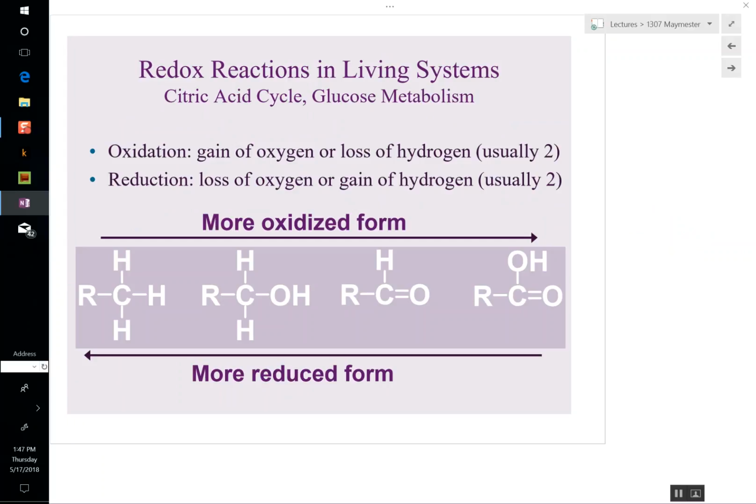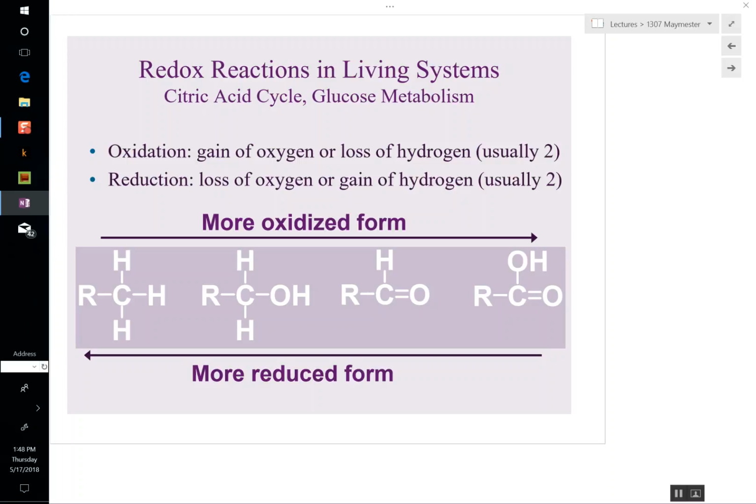What is oxidation? In 1305, you learned that oxidation is the loss of what? Electrons. Reduction is gain. Oil rig. Oxidation is loss. Reduction is gain of electrons. Well, in the organic system, we modify that a little bit.